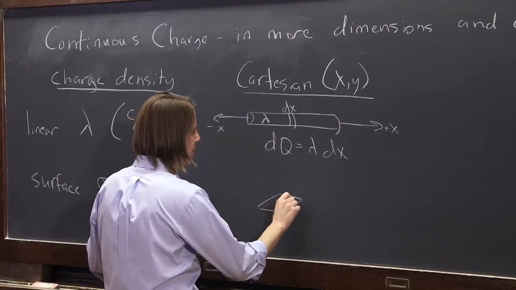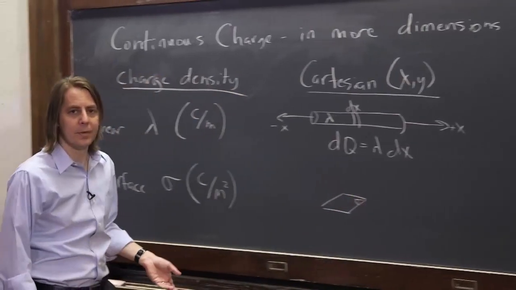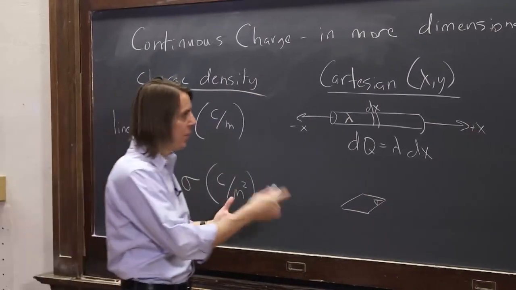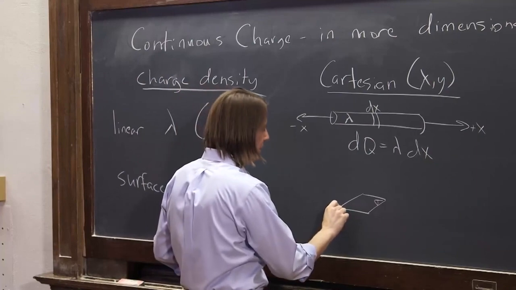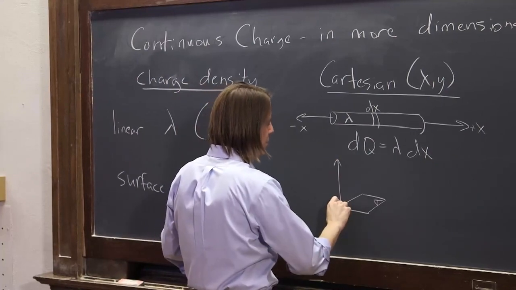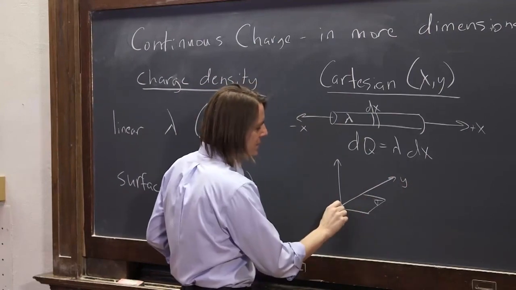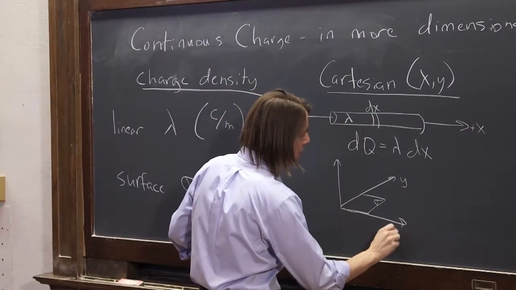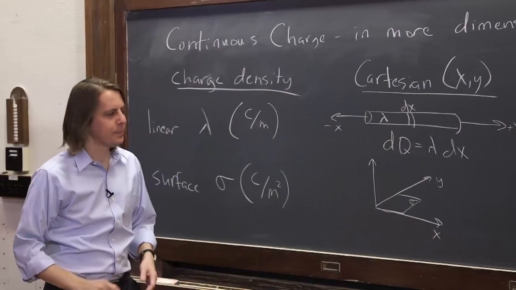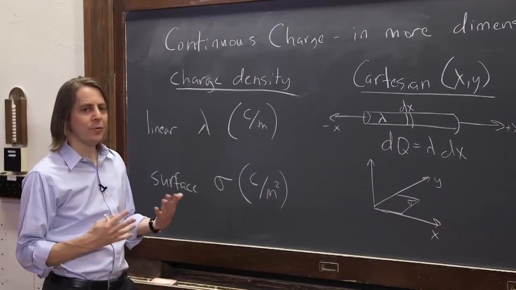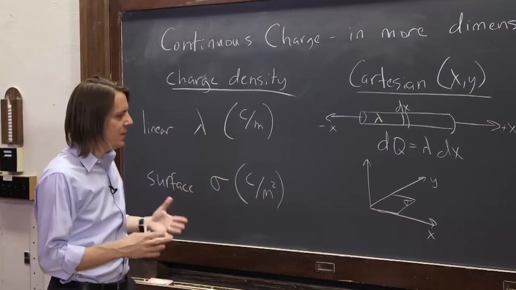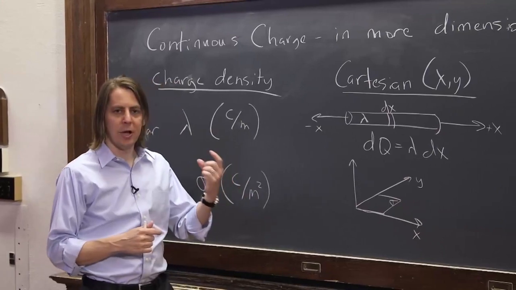with charge density sigma. Well, if you're going to treat a square in Cartesian coordinates, which of course is the way to do it, you might say we'll put one side on the y-axis and one side on the x-axis like that. And then you still need a differential element. Well, now in 2 dimensions, the differential element is a differential area.